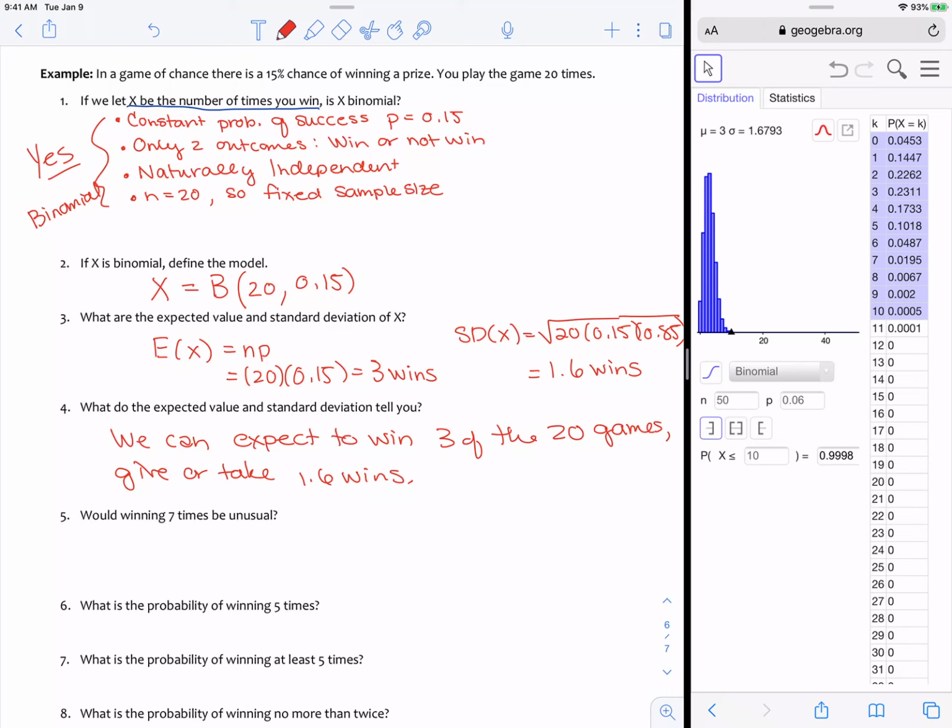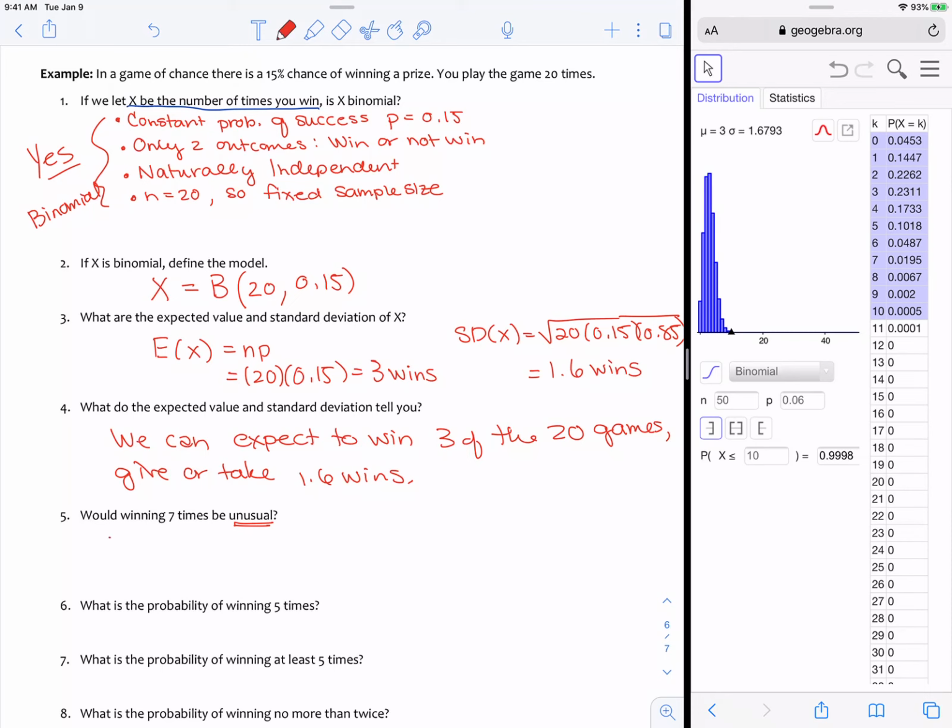Okay, and would winning 7 times be unusual? So unusual means we need to calculate a z-score. Z-scores require that we have a mean and a standard deviation. For our random variables, the expected value and standard deviation are exactly that.